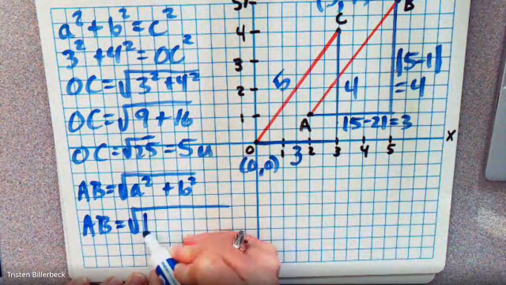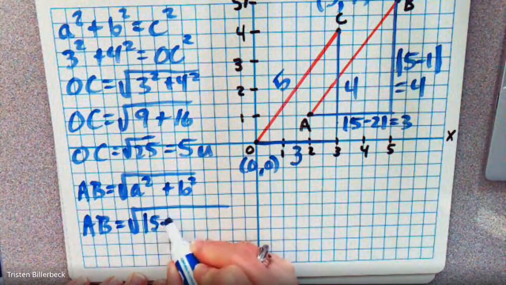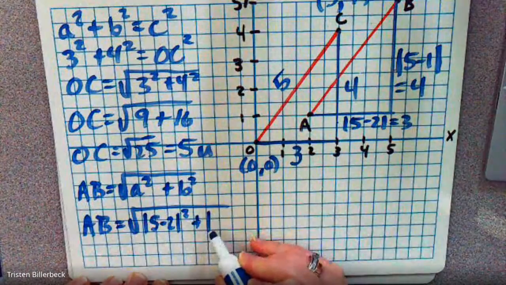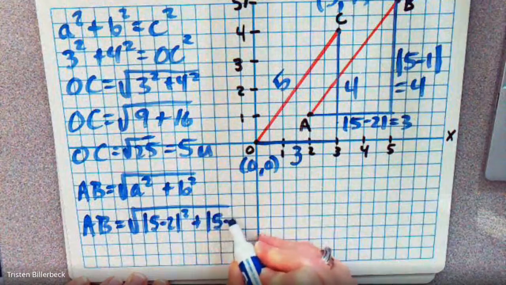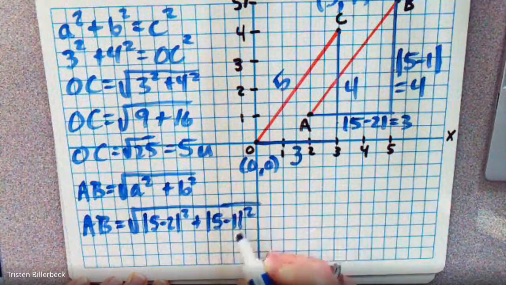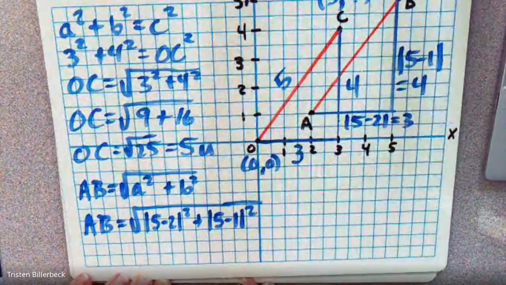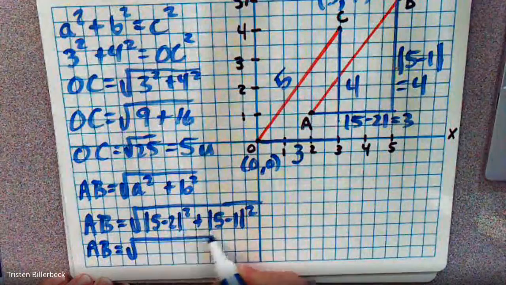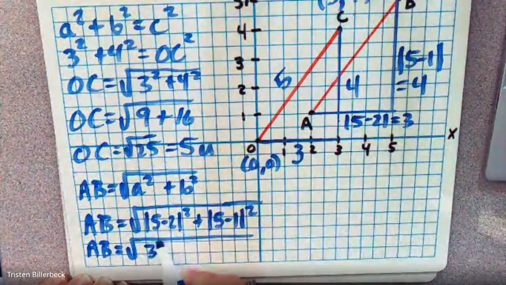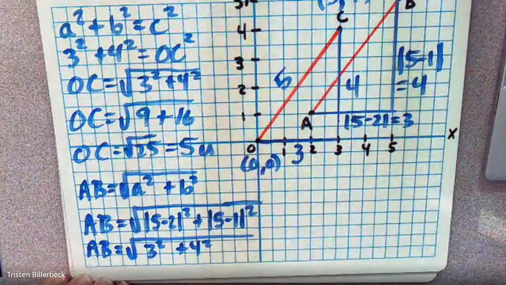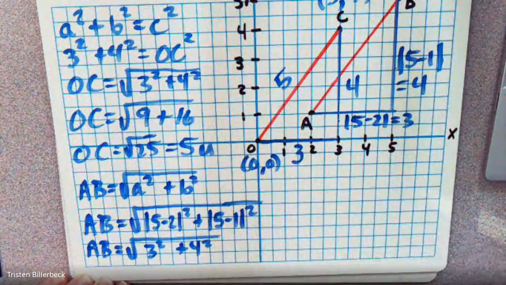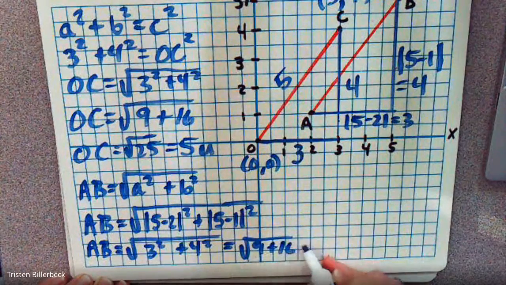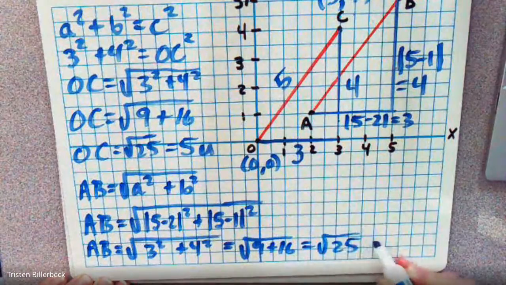So we're going to have the absolute value of 5 minus 2 squared plus the absolute value of 5 minus 1 squared. And that's going to give us AB equals the square root of 3 squared plus 4 squared, which gives us the square root of 9 plus 16, which is the square root of 25, which is 5 units.